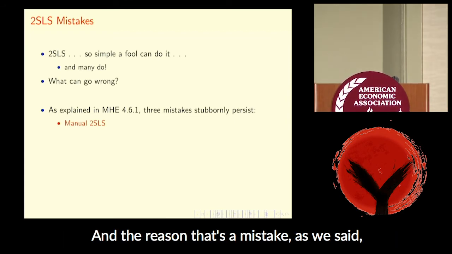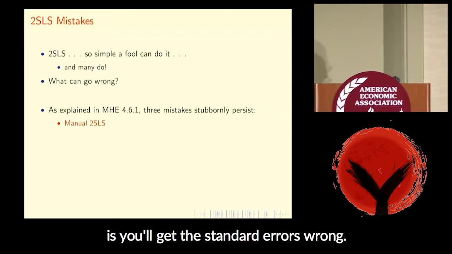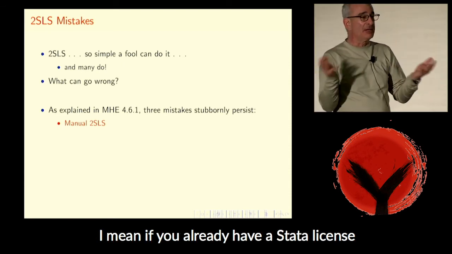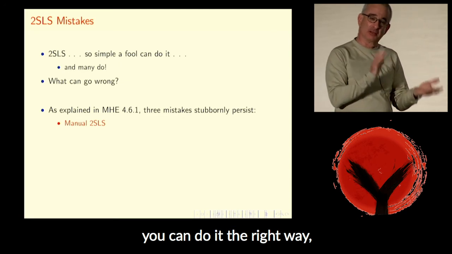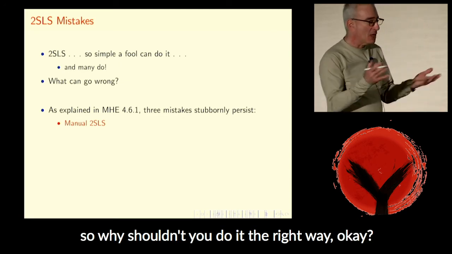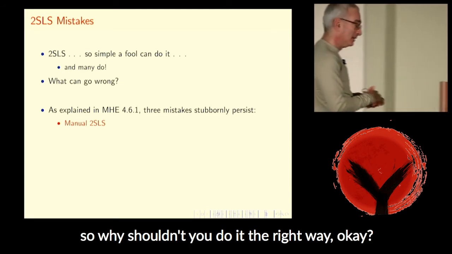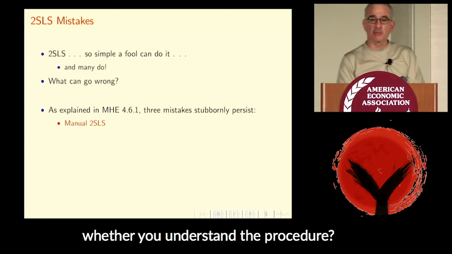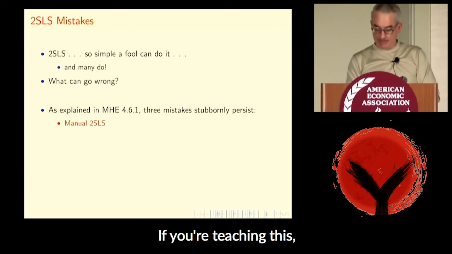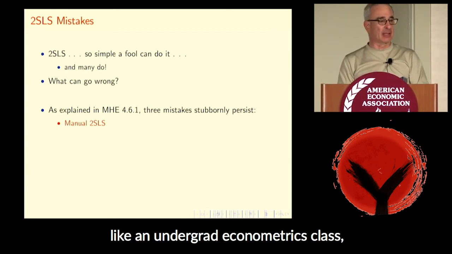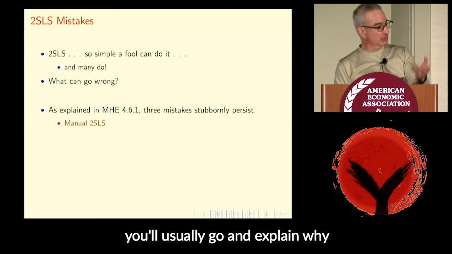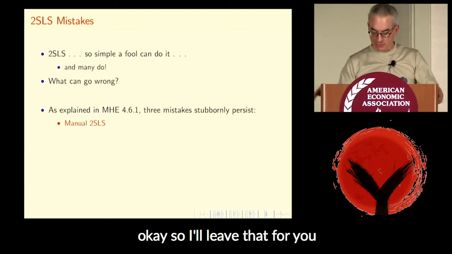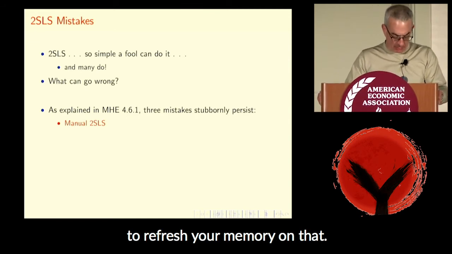And the reason that's a mistake, as we said, is you'll get the standard errors wrong. No big deal, but it's free. I mean, if you already have a Stata license, you can do it the right way. So why shouldn't you? Why make your reader wonder whether you understand the procedure? If you're teaching an undergrad econometrics class, you'll usually explain why the standard errors are wrong. So I'll leave that for you to refresh your memory.